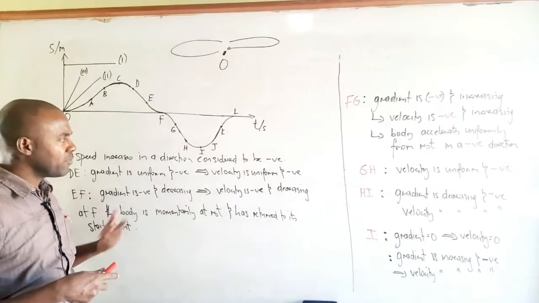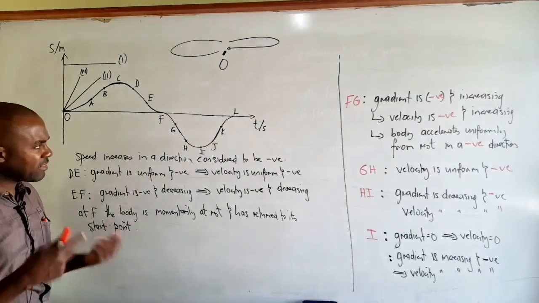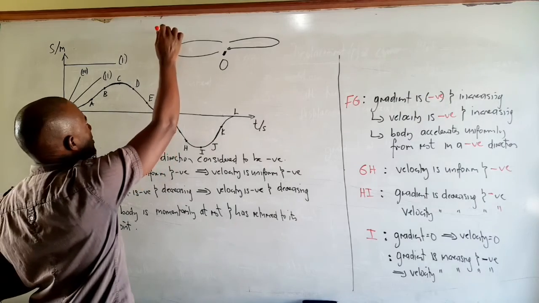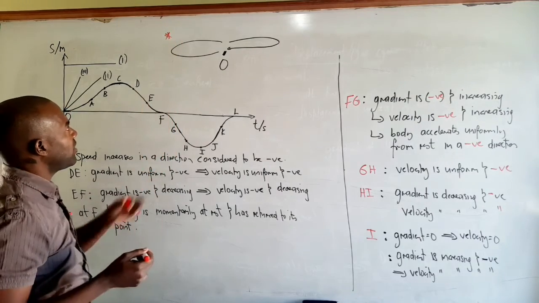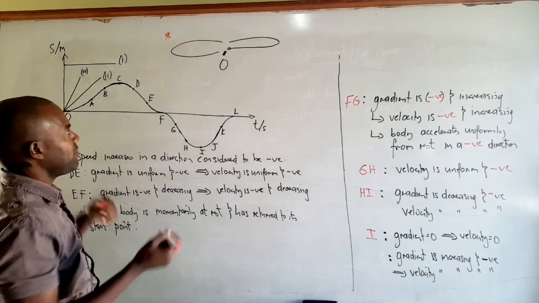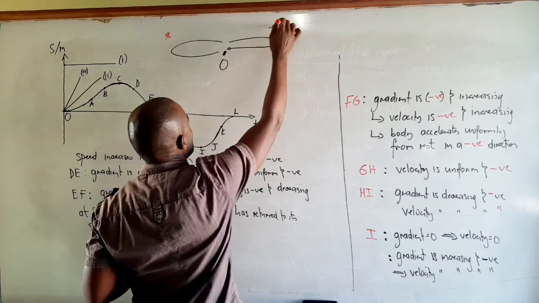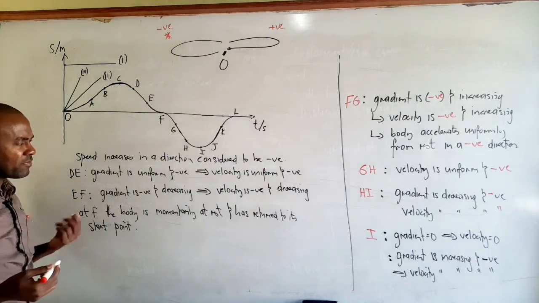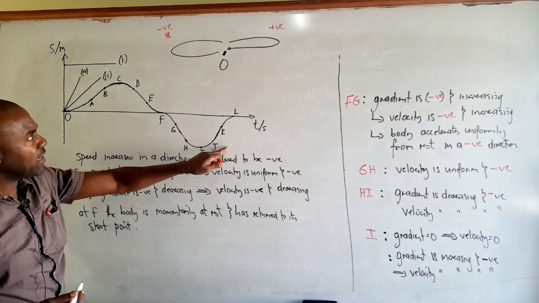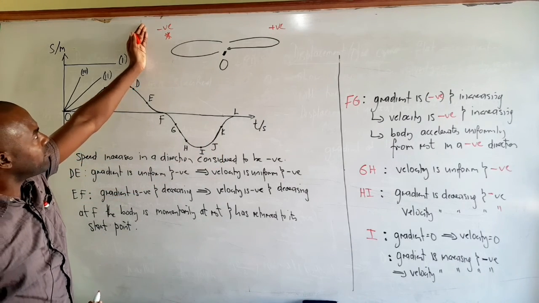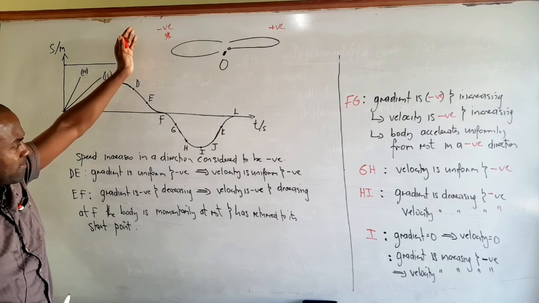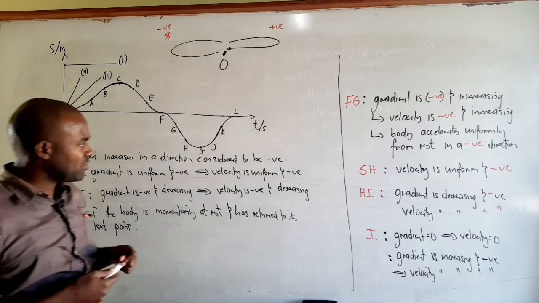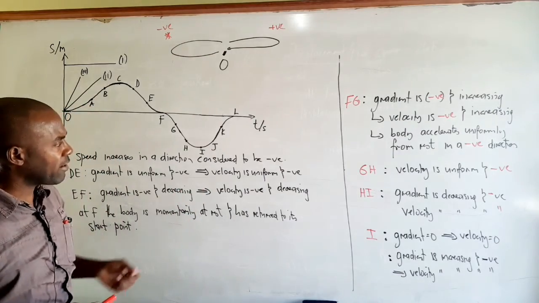Now notice that the displacement is still negative, so the body is at some point to the left of the reference point if we consider to the right as being positive. Because the displacement is negative, the body is some distance to the left of the reference point. Good? So at I, the gradient is equal to 0 and the body is momentarily at rest.